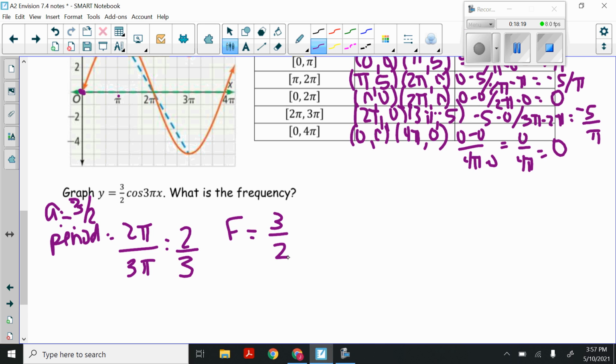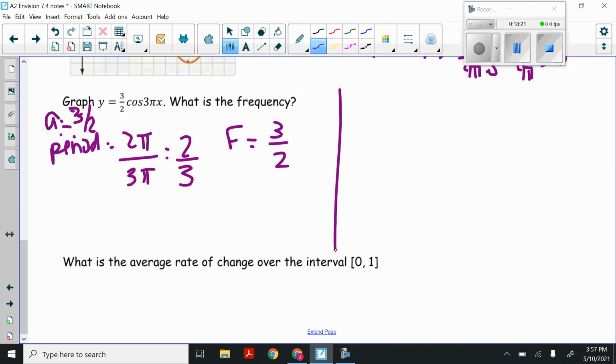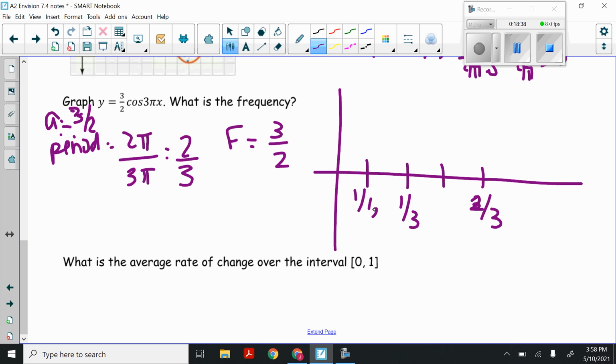So if I want to graph this, so 1, 2, 3, 4, 5, this is 2/3 because that's my period. So halfway between 0 and 2/3 is 1/3. Halfway between 0 and 1/3 is 1/6. Halfway between 1/6 and 2/3 is 2/6, or 3/6, which is 1/2.